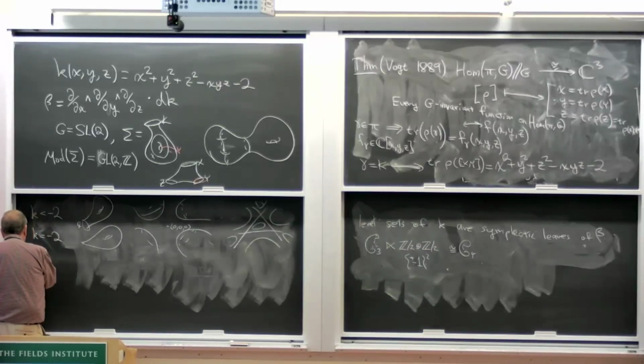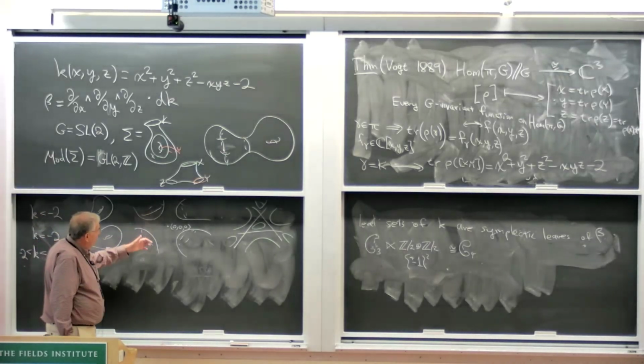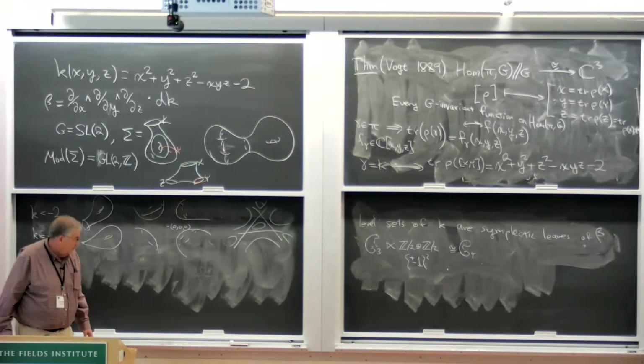When k grows up, but from -2 to 2, remember these are the two critical values of k, then you still get pictures like this with 4 ends, each being a Teichmüller space.